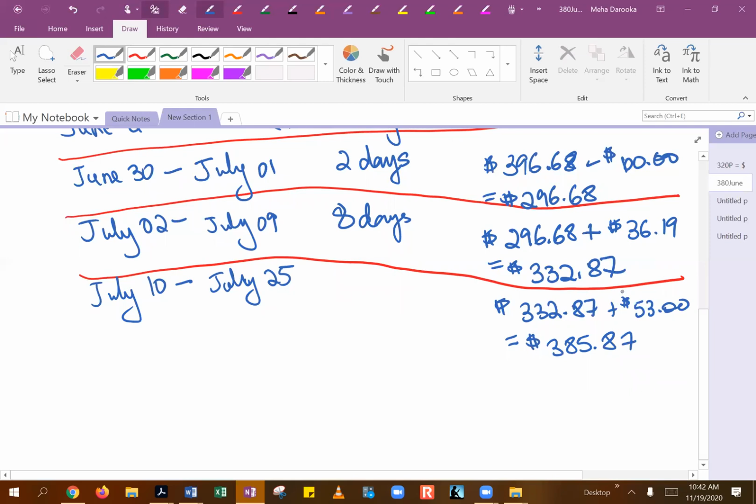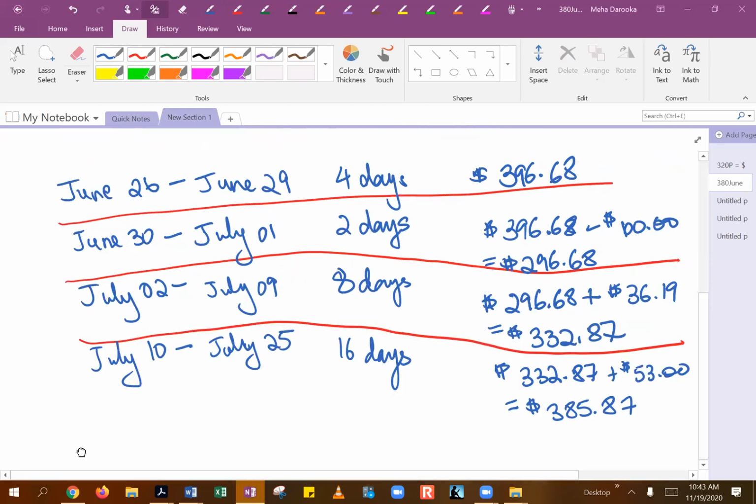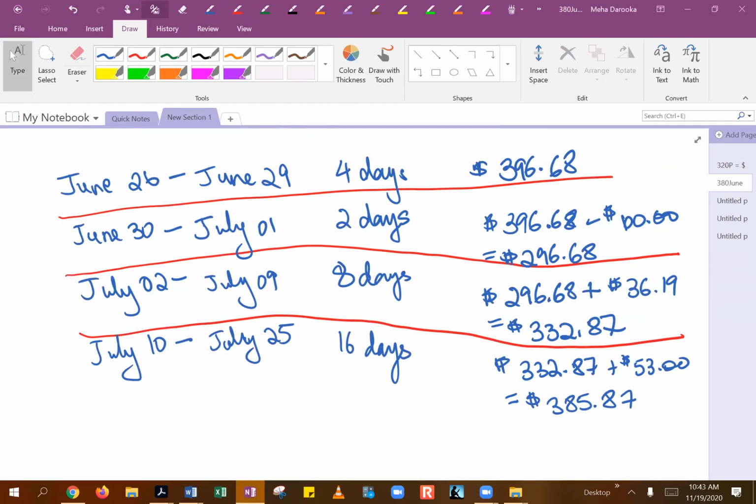And you guys said 16 days. So let's see, 25 minus 10 is 15, and then plus 1 would be 16 days. Alrighty, very nice. So now we actually have what the balance is and for how many days. Now we can actually calculate our average daily balance. So let's do that first.